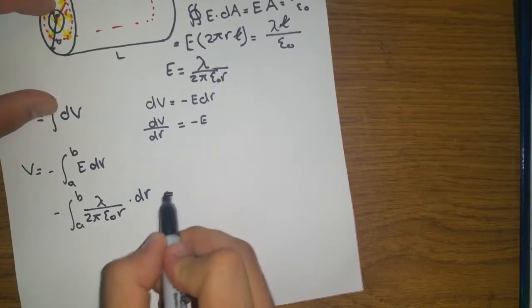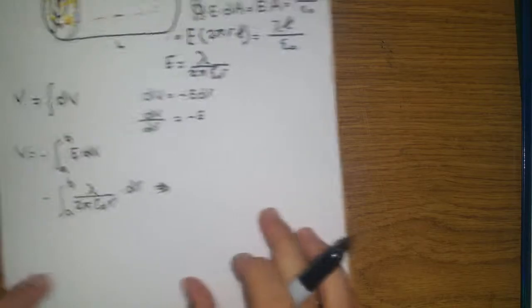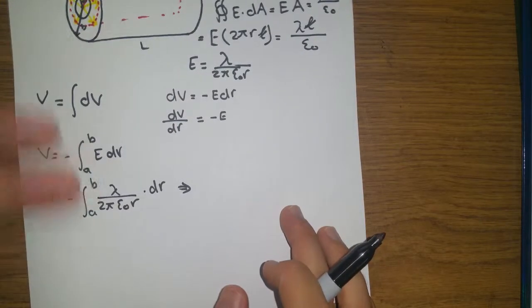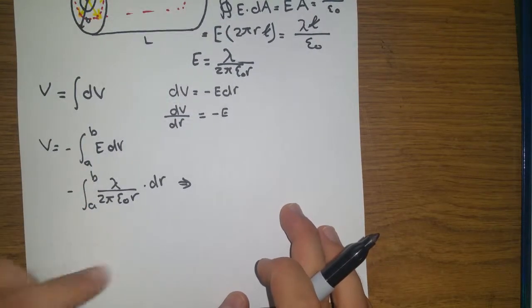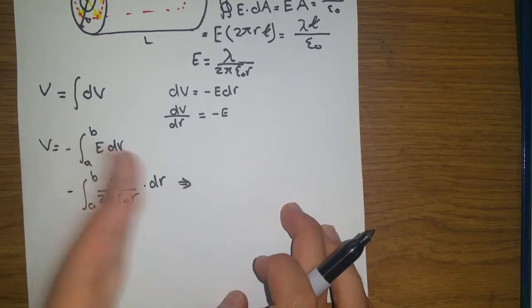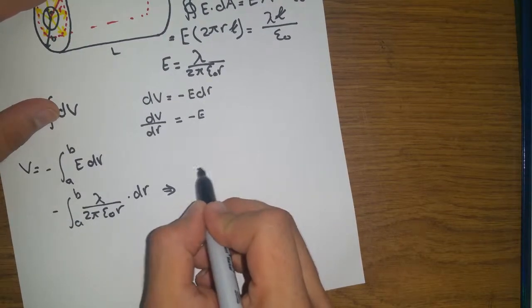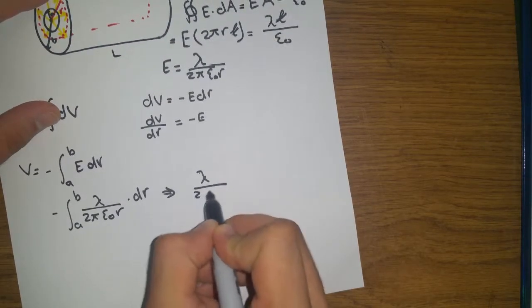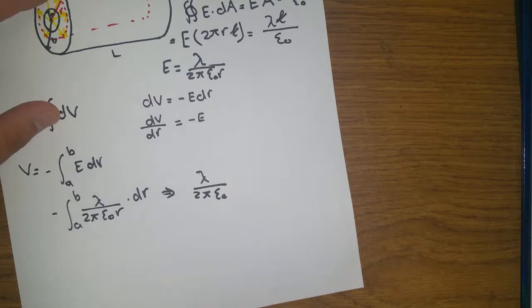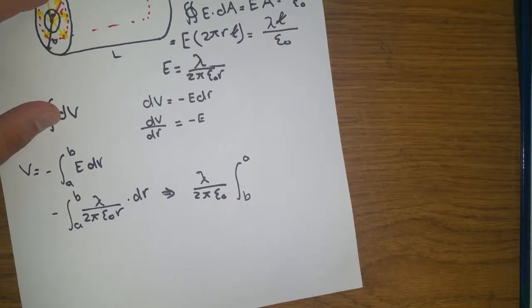Okay, so what we're going to do to get rid of this negative here, we're going to switch the limits. So the negative will go out and we will take all the constants outside of the integral. The constant we have is lambda over 2 pi epsilon naught. As we said, we're going to change the integral limits from b to a.